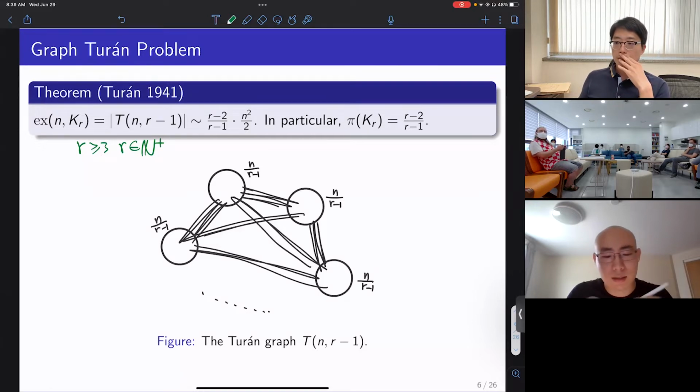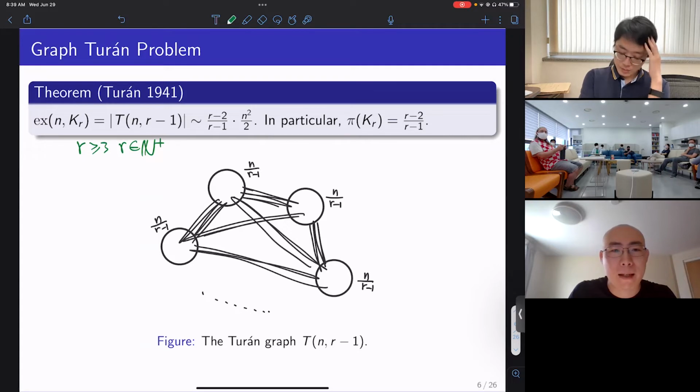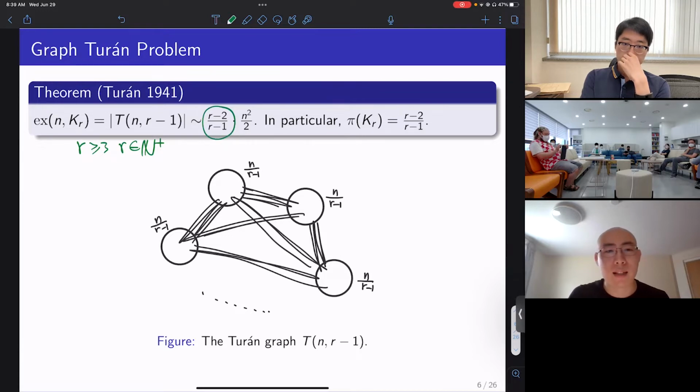It's a particular number related to R times n choose 2. Here I use n squared over 2 just for simplicity. So when you take a limit, meaning when you divide it by n choose 2, you will see the limit is this number. If you replace R by 3, you get a half.